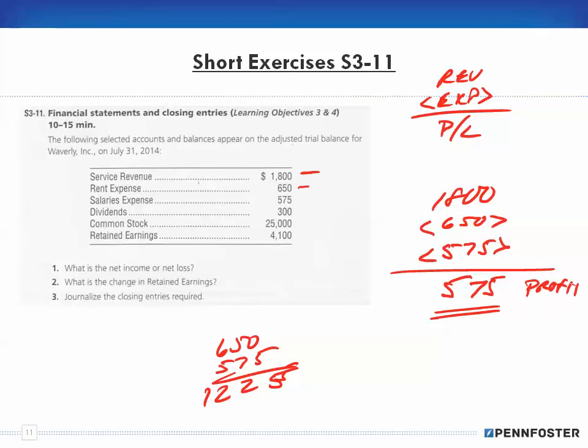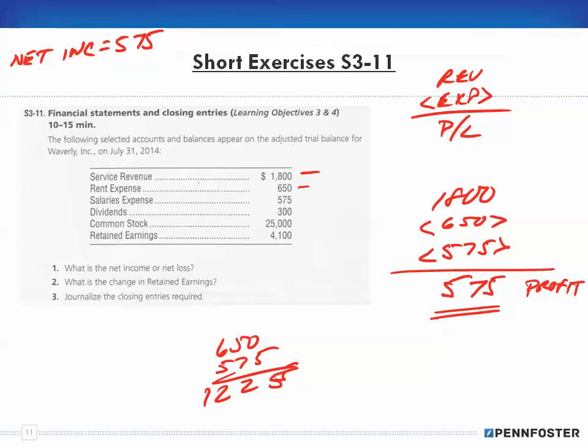Okay, net income. All right, so what is the change in retained earnings? I'm going to write up here the net income is equal to 575.